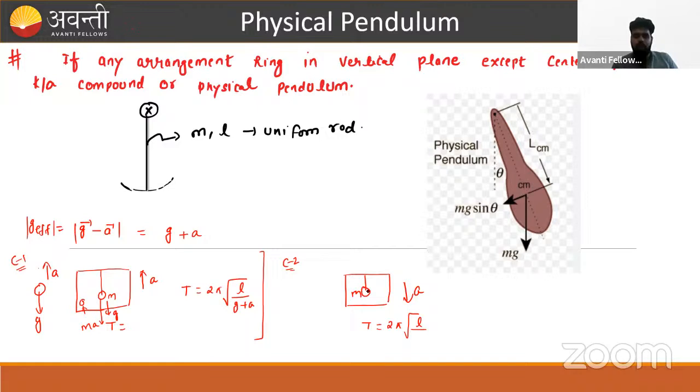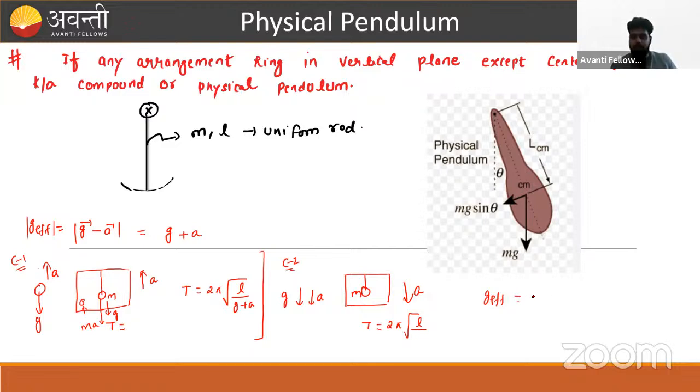Okay. We know that here G vector is always in the downward direction and A vector is also in the downward direction. Then what about the G minus A magnitude? So we can say that the G effective can be written as, see here, how can we write down here, beta?